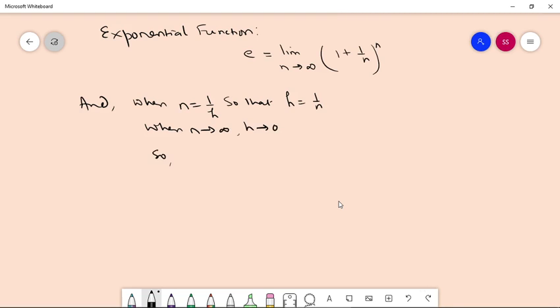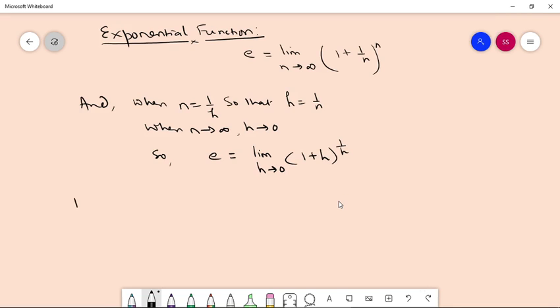So in this case e equals limit h tends to 0, (1 plus h) to the power 1 by h. We have been discussing this in the previous lesson.